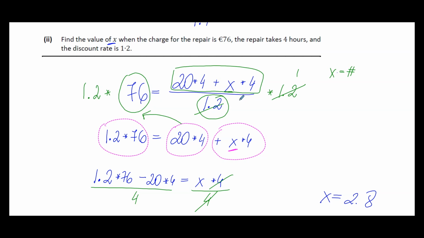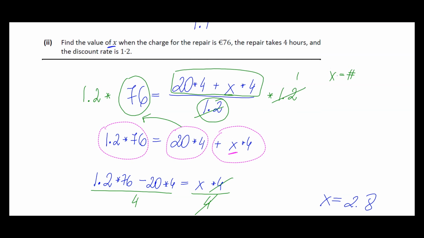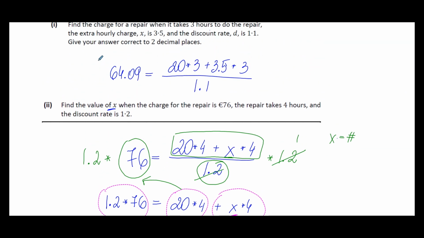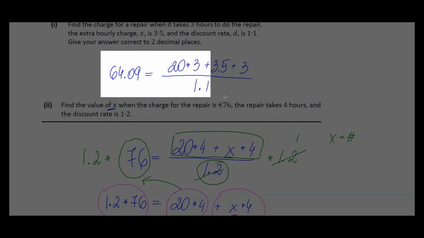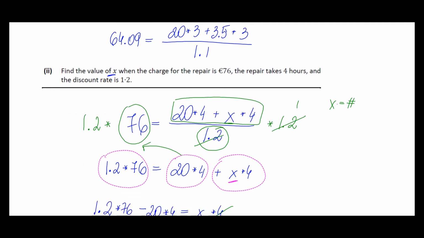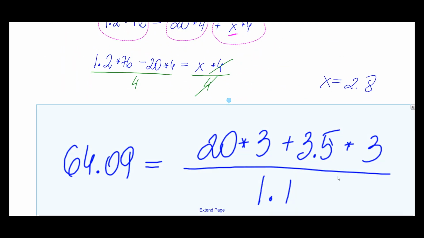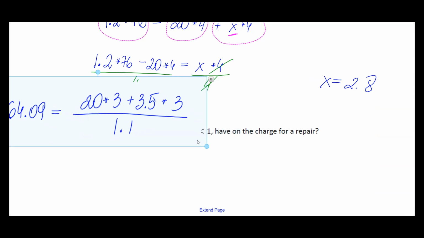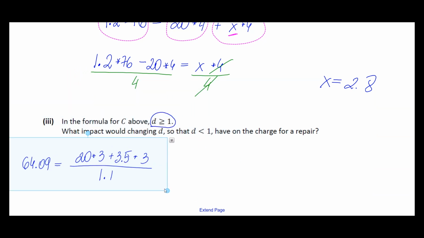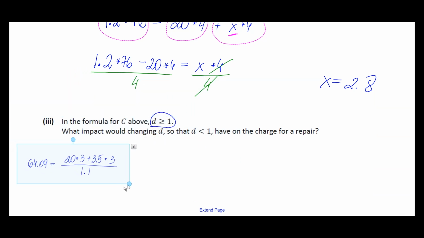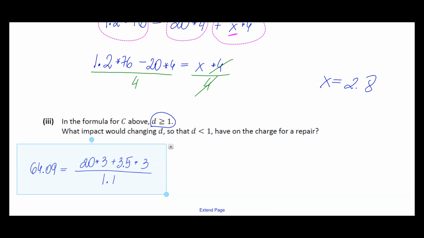That's difficult to just know by looking at the numbers like that. However, the easiest way is to look at a specific example. Let's take our first example. In that first part, our D was greater than 1, because it was 1.1.